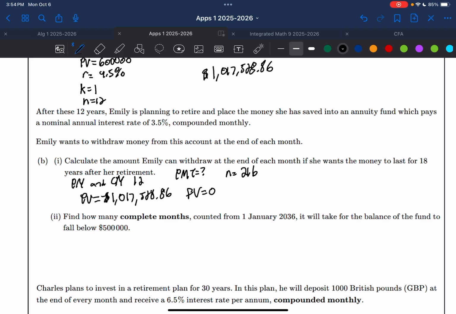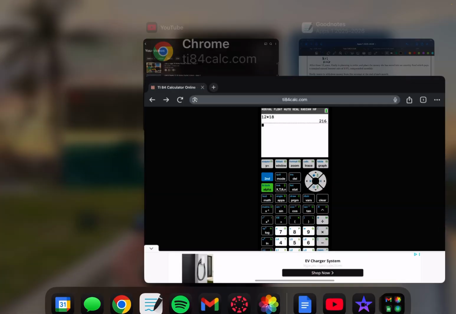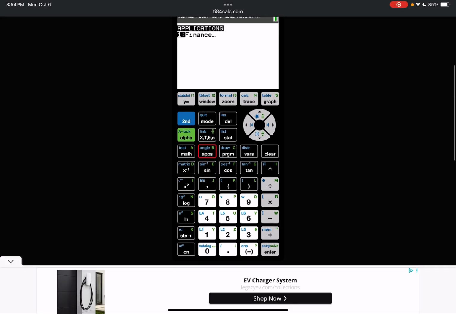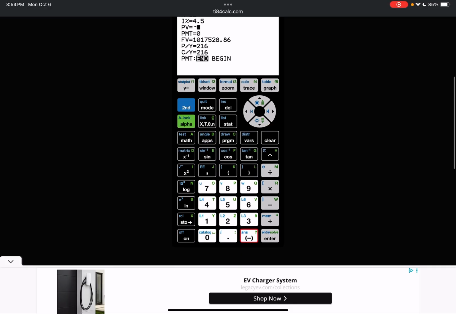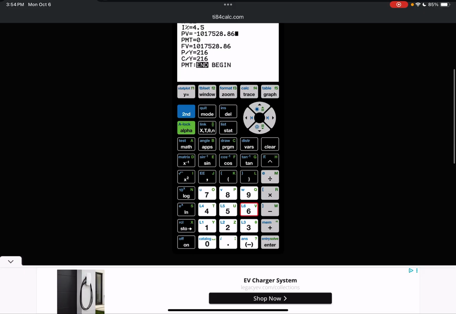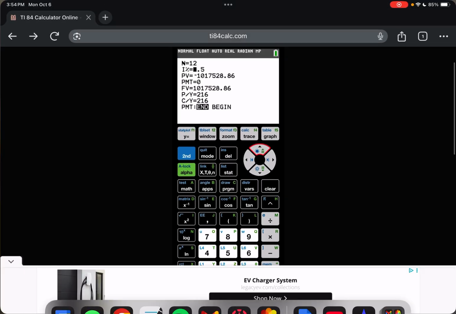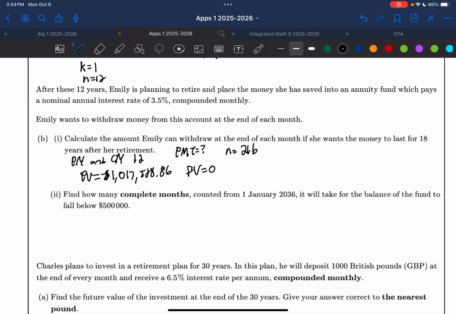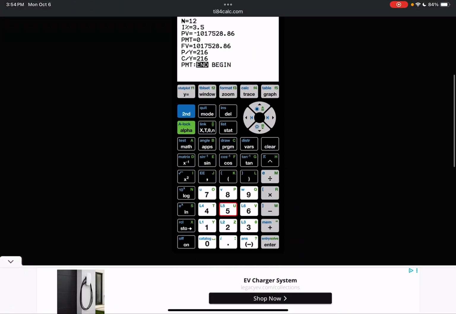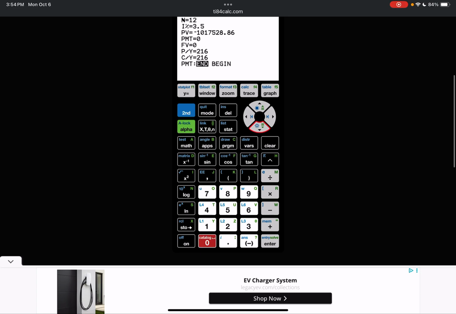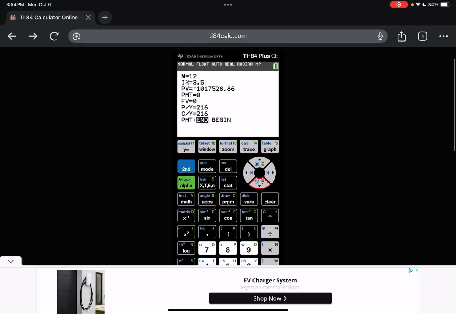All right, so now I think we have all the information that we need here. I'm going to go apps, finance, TVM solver. I'm going to make the present value negative 1,017,528.86. The interest rate here is 3.5%. Payments, what we're trying to solve, future value down to 0. PY and CY should not be 216.